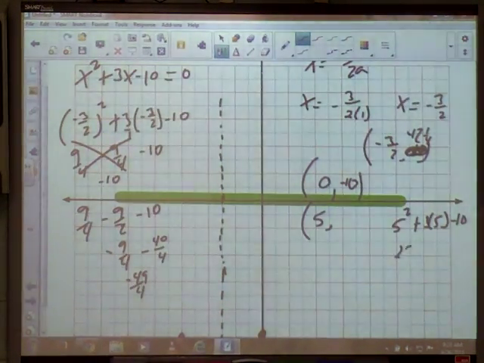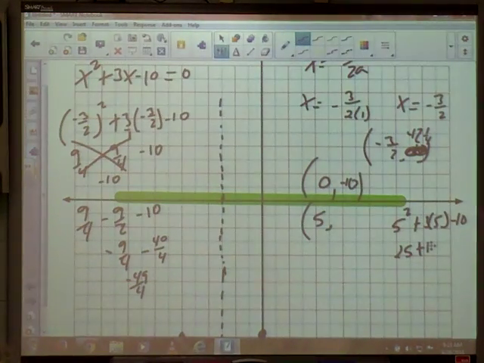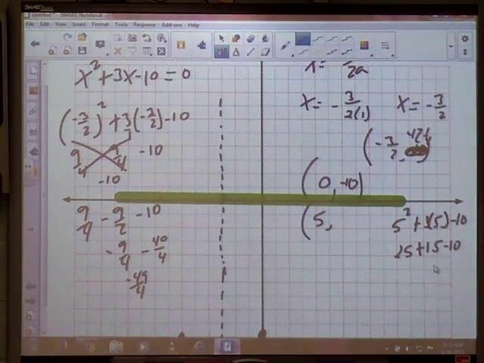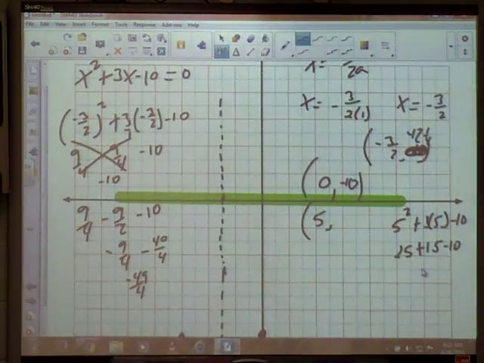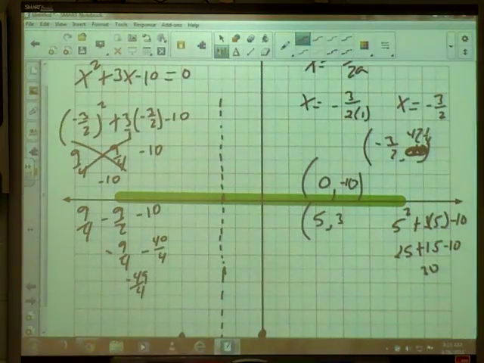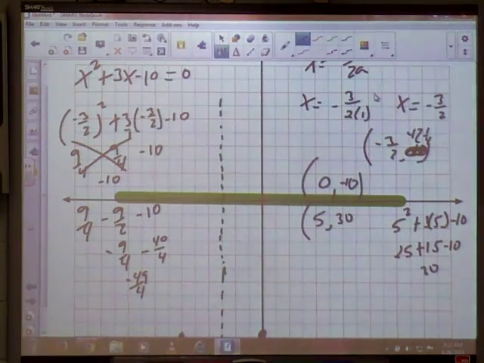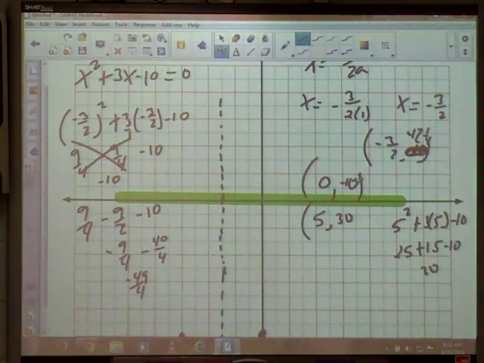That's pretty good, David. 25 plus... well, not exactly. 15 minus 10, that's 40 minus 10. Just 30. So that one went way past. So over 5 and up 30. So I need something between 0 and 5.